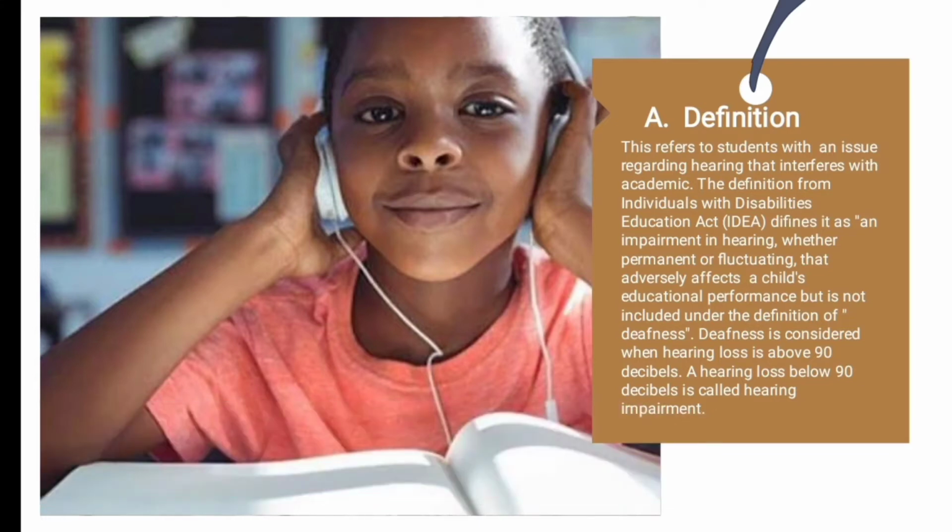The age of onset plays the most crucial role in development of language sa mga bata kung asa functionally disabled ang hearing loss sa bata gikan sa pagkahimugso, unlike to those students na na-develop ang ilang hearing loss after ma-develop ang speech o language.